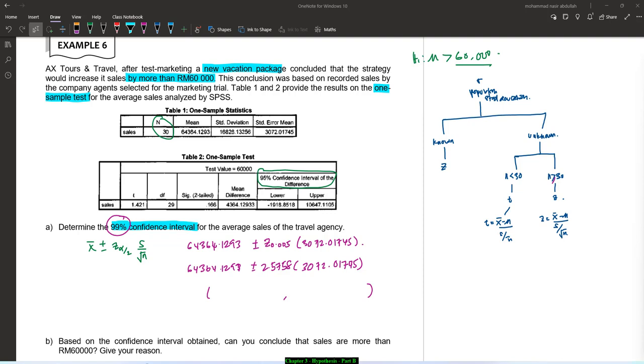Is it negative? It should not be negative. How do you get negative? Muhammad Zul Fazli, how do you calculate the confidence interval? Nur Farahin dapat berapa negatif tadi? Muhammad Nizam?